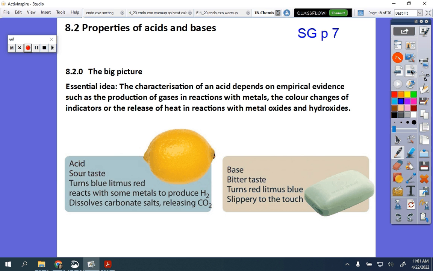So acids taste sour. We'll talk about indicators briefly, but not today. Litmus is a common indicator, and acids turn it red. Acids react with metals to produce hydrogen gas. It's a very common lab procedure, and it's a way of making hydrogen.